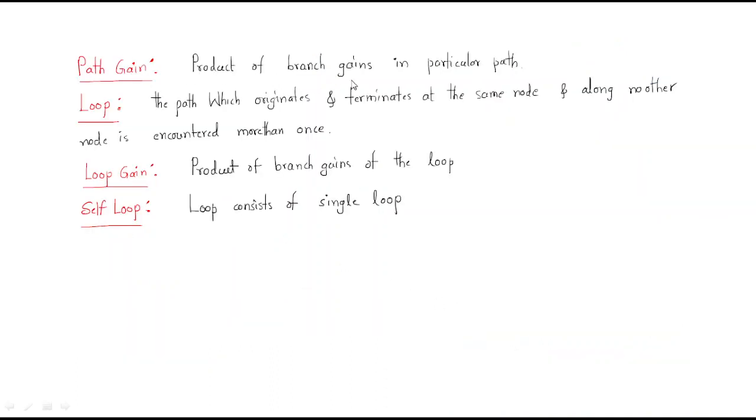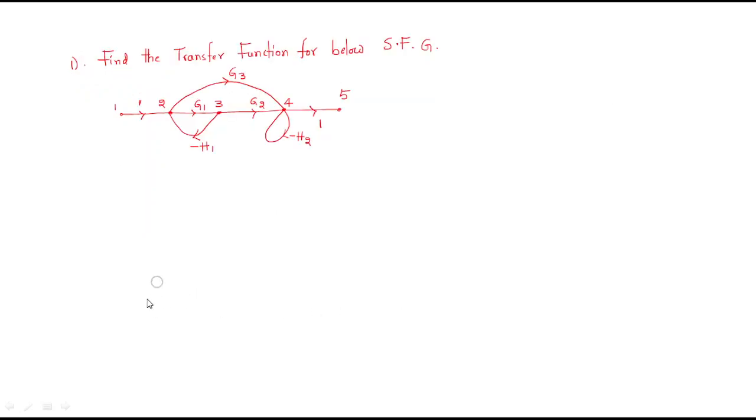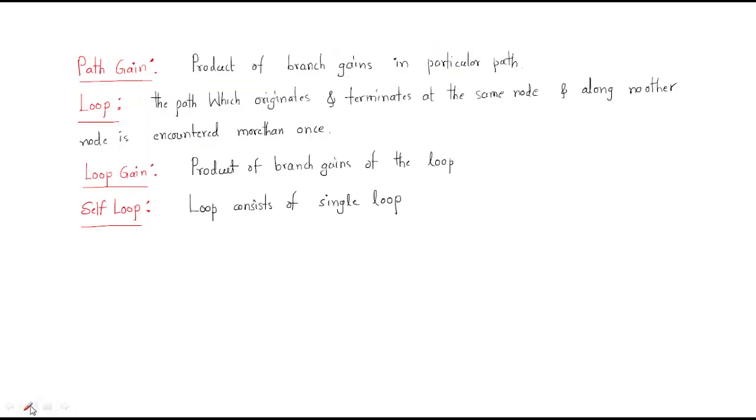Path gain is the product of the branch gains of a particular path. Here, for example, take A, B, C with G and H. A is the input and C is the output, and there is only one path, A, B, C. What is the path gain?